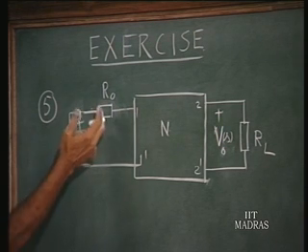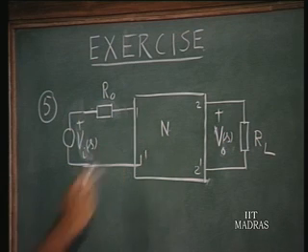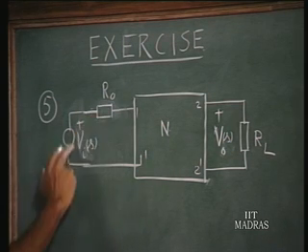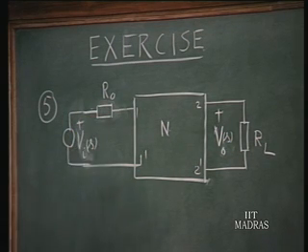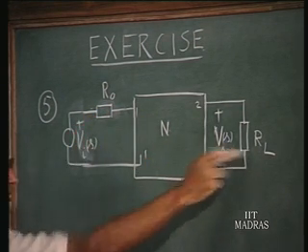You can view this as a termination of N, or you can view this as the internal resistance of this source, whatever it is. So we have a resistance at one side and a resistance on the other side.